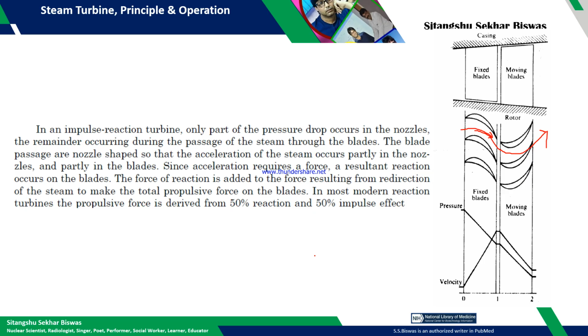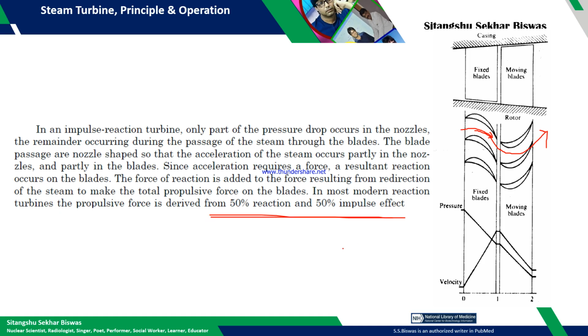The force of reaction is added to the force resulting from the redirection of the steam to make the total propulsive force on the blade. This statement we will understand using the vector diagram. In most modern reaction turbines, the propulsive force is derived 50% from reaction and 50% from impulsive effect.